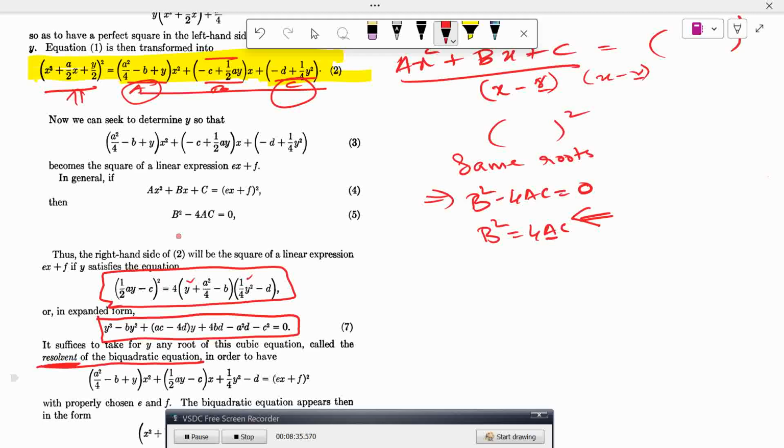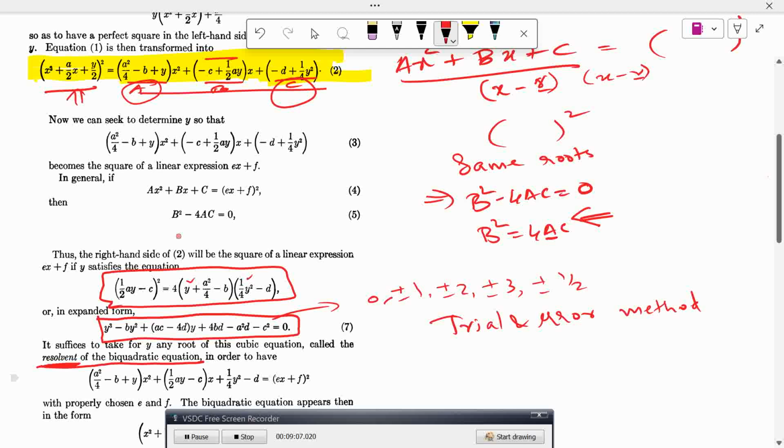We have already learned Cardan's method. But for exams, most probably these equations will have small roots like 0, plus or minus 1, plus or minus 2, plus or minus 3, or maybe half. So you can use the trial and error method.